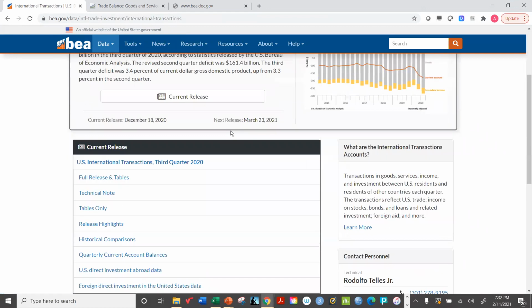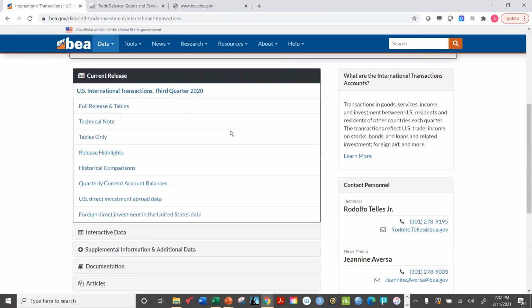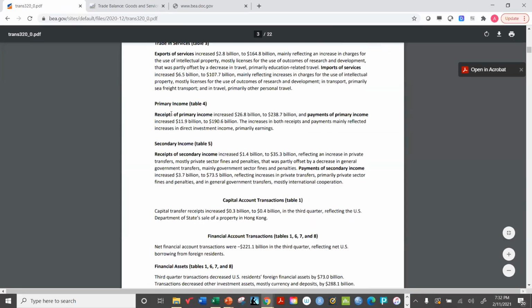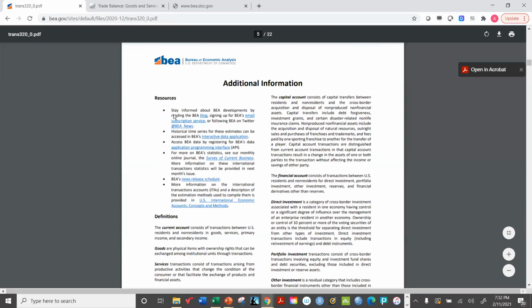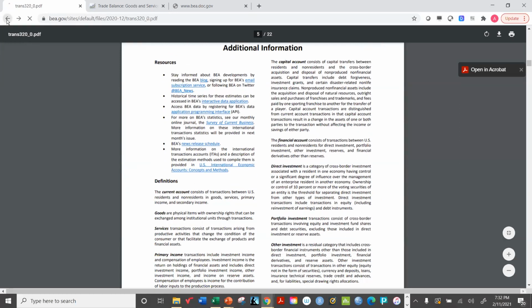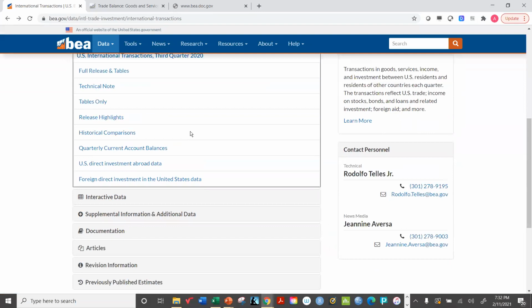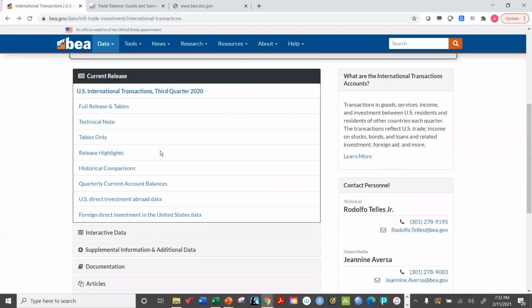Oh boy. Well, it's nice to have all this analysis, but I want the actual spreadsheet. Ooh, tables only. Ooh, this might be it.